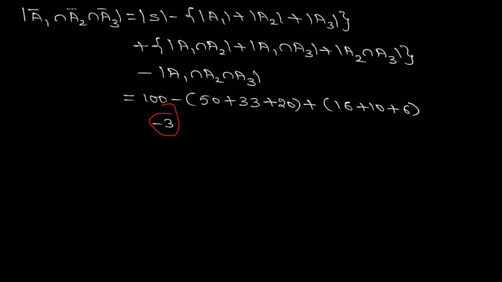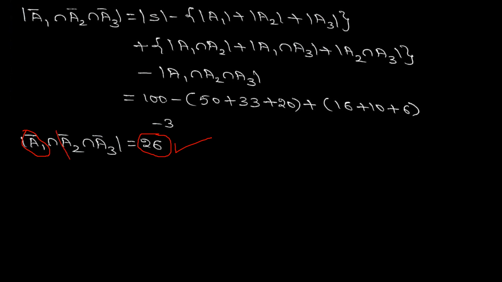Further simplification will give the answer 26. Now we can conclude there are 26 positive integers between 1 to 100 which are not divisible by 2, 3 and 5. That is represented by the complements here. With this we have completed the answer.